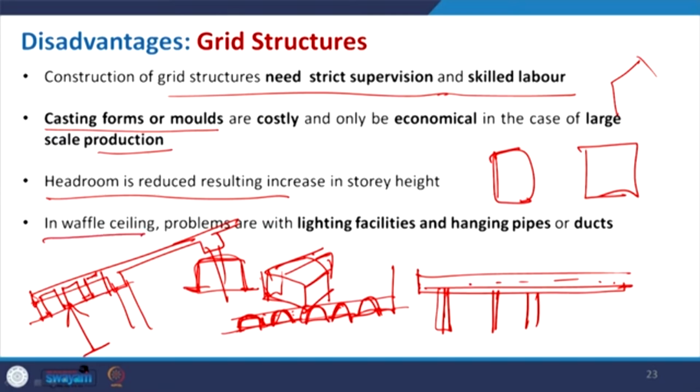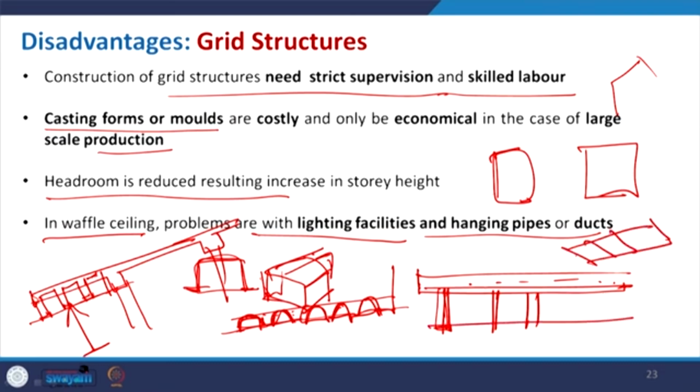In waffle slabs, problems are with the lighting facility and hanging pipes. Lighting fixtures are restricted because we have this kind of pattern, and only from the bottom we get this particular grid, so we are restricted to put the light within that particular gap, or else it will create problems.